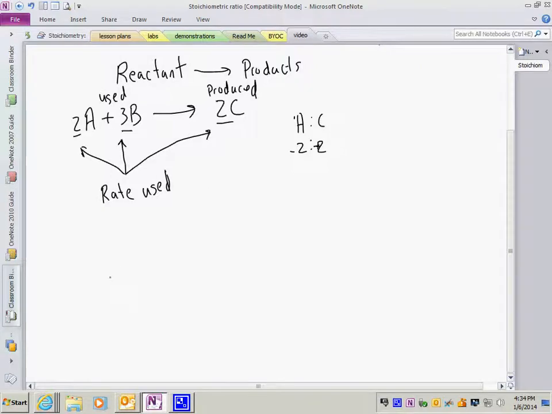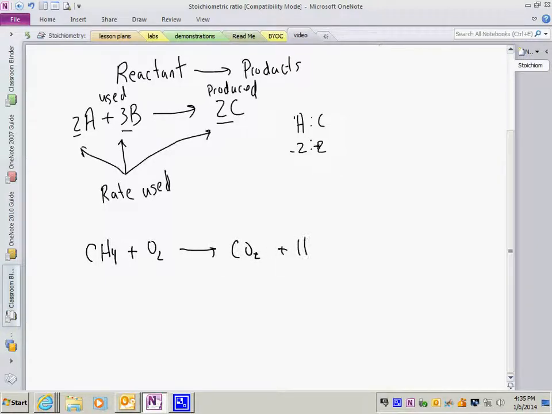Let's say, for example, we are going to take the chemical methane. CH4 plus O2 yields carbon dioxide and water. Of course, we balance, and before this chapter, balancing was kind of rudimentary and had no real purpose.